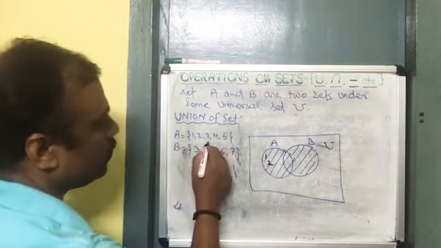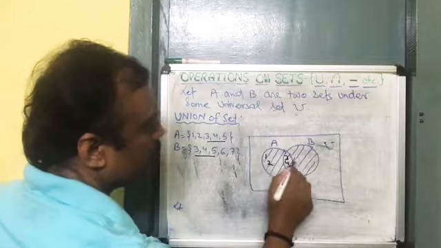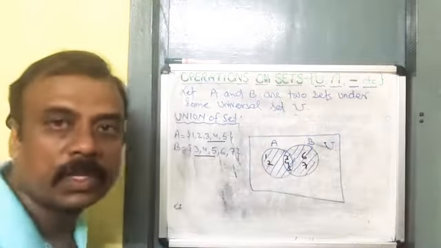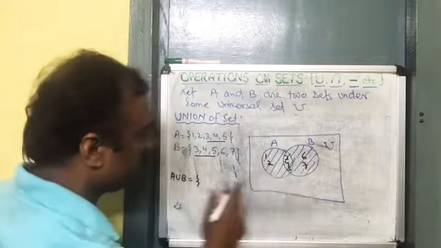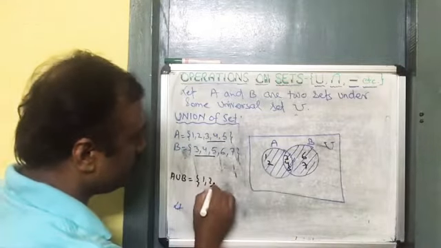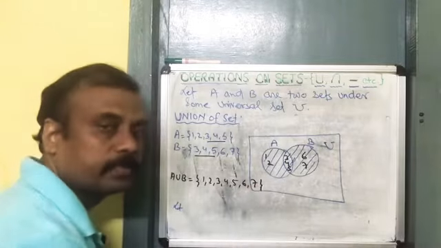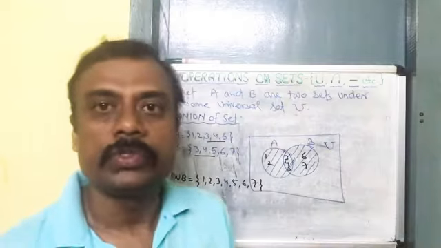Since 3, 4, 5 are common, I will write them in the common region, and then 6, 7. So A union B, the elements in the shaded portion, are 1, 2, 3, 4, 5, 6, 7. This way we can represent union of two sets.